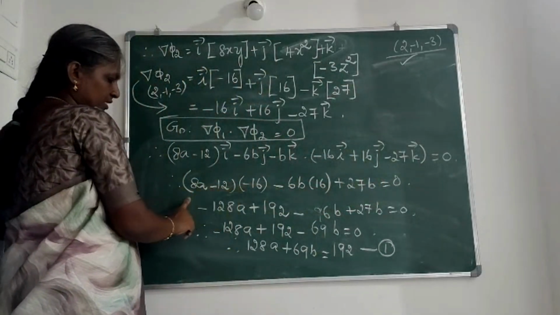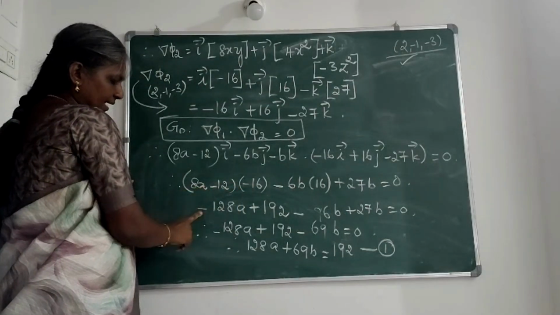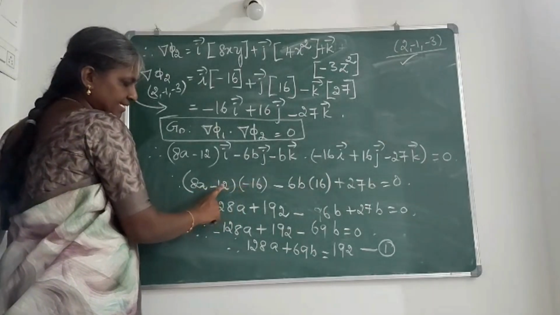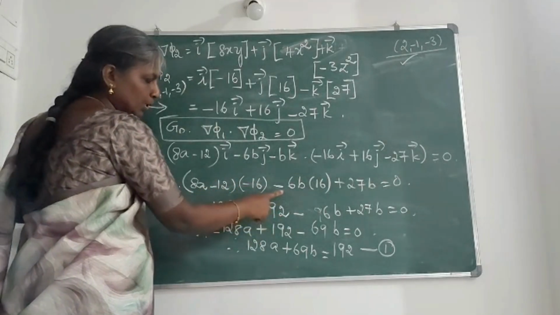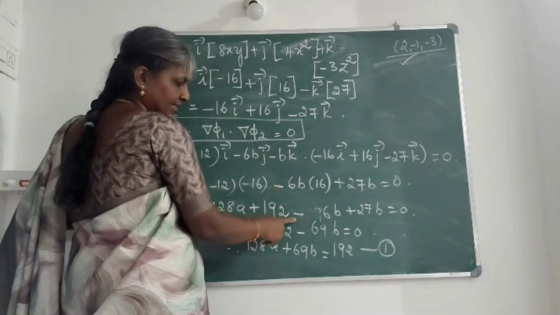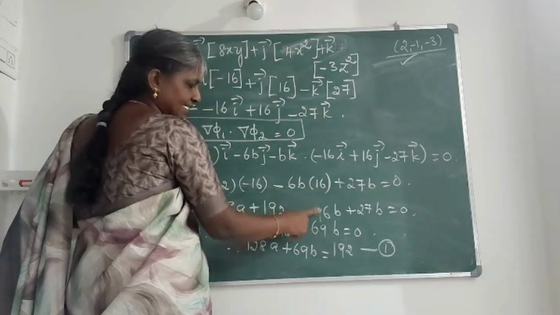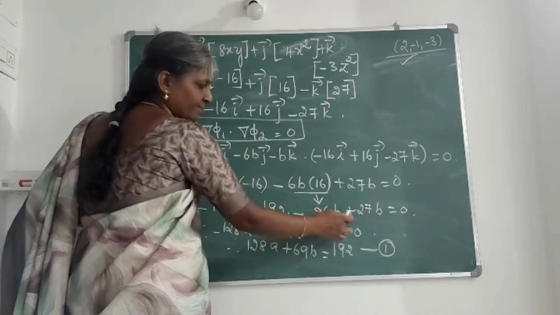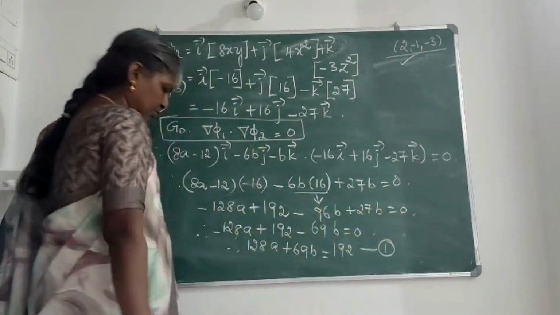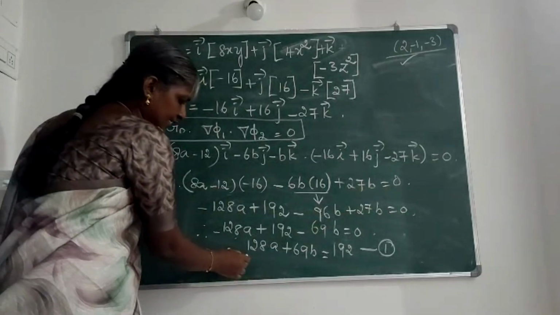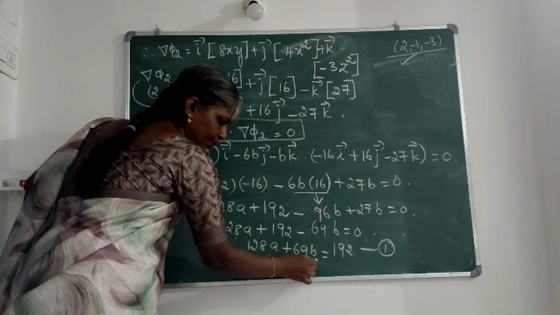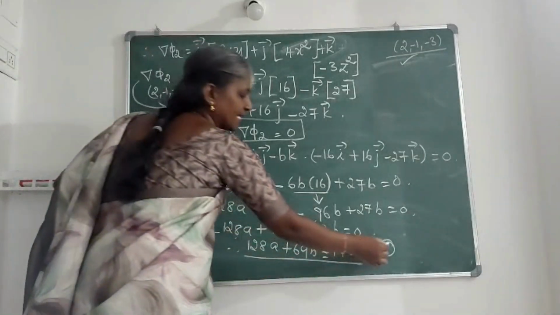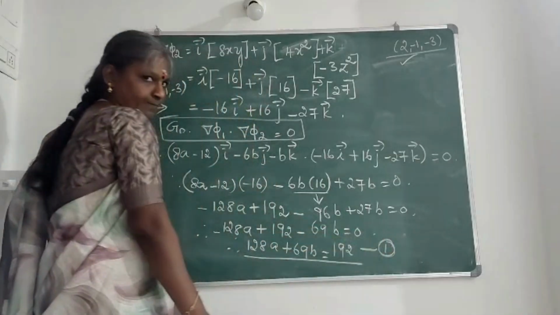Multiplying these terms, minus 16 into 8a is minus 128a, minus into minus is plus, 16 into 12 is 192, minus 96b plus 27b equivalent to 0. Simplifying this, we get 128a plus 69b is equivalent to 192. We name this equation 1.